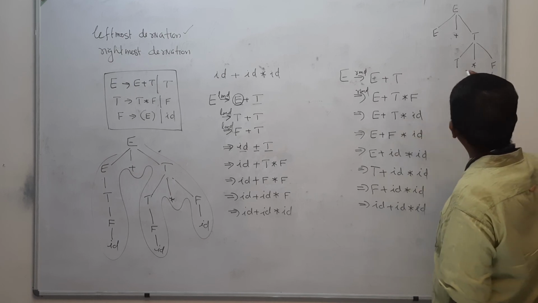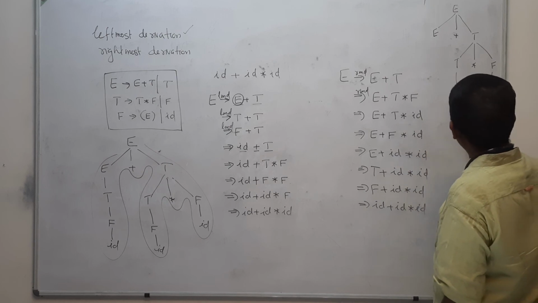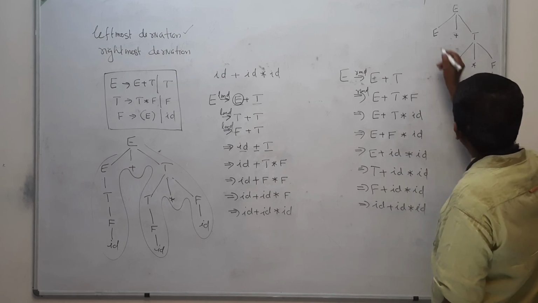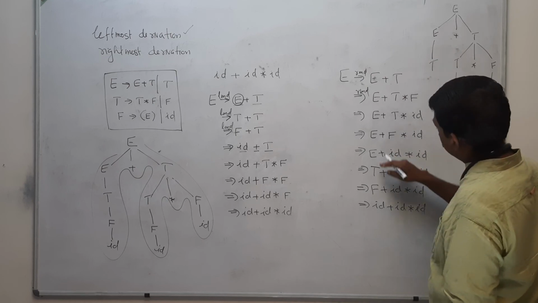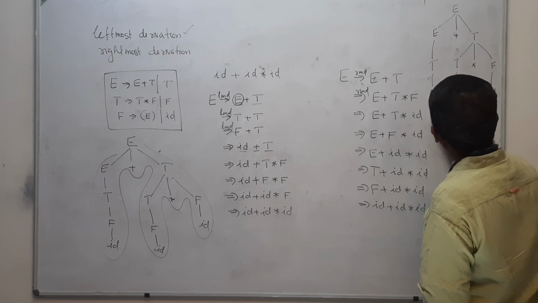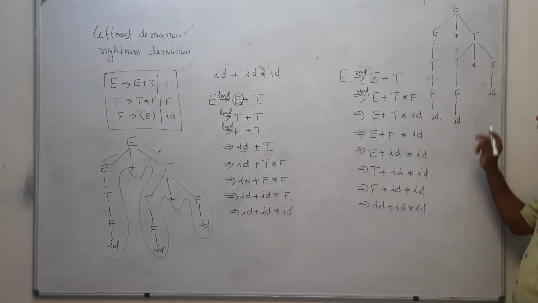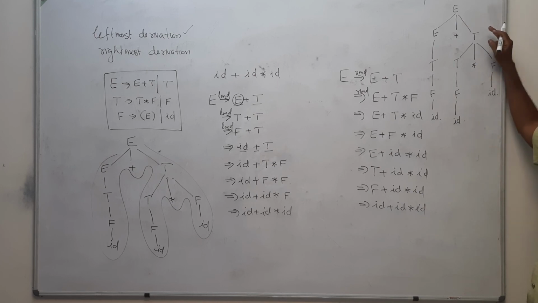Now this T is replaced with F, and that F is replaced with id. E derives T, and T derives F, and F is replaced with id. So this is again id plus id star id.